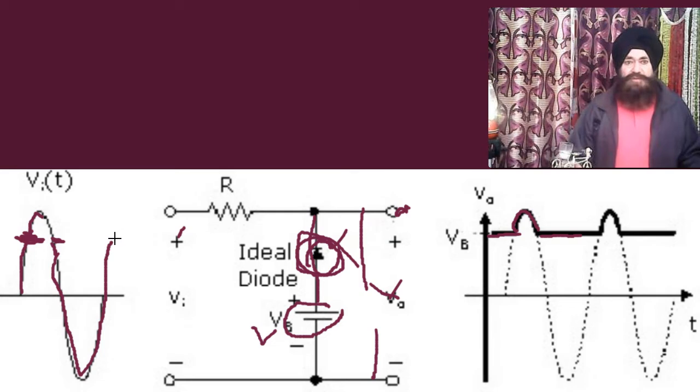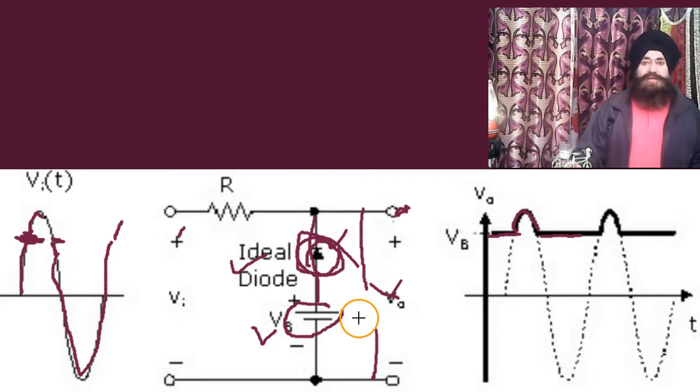But when it just crosses this end, what happens? This positive voltage makes it reverse biased, open circuit, and whatever the voltage changes here appears across the output.